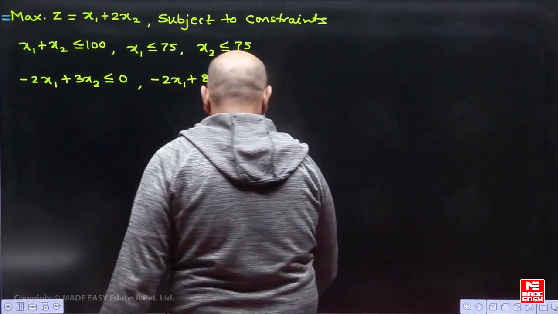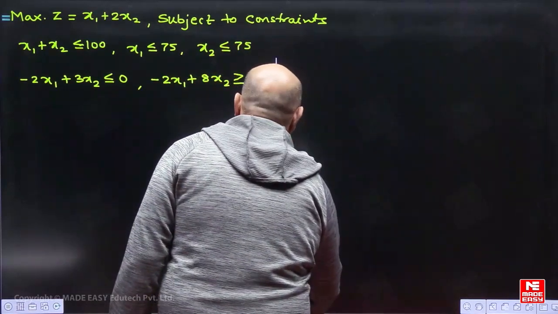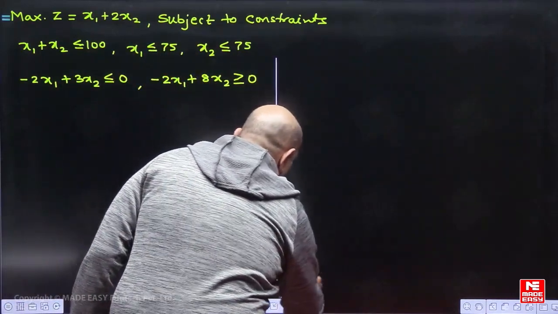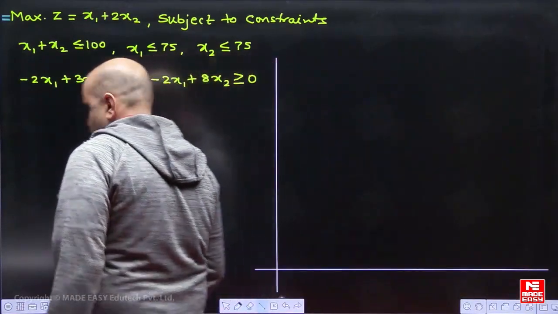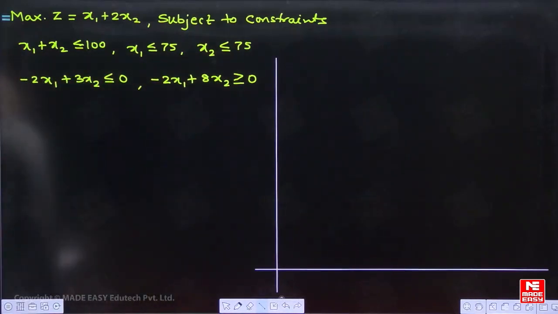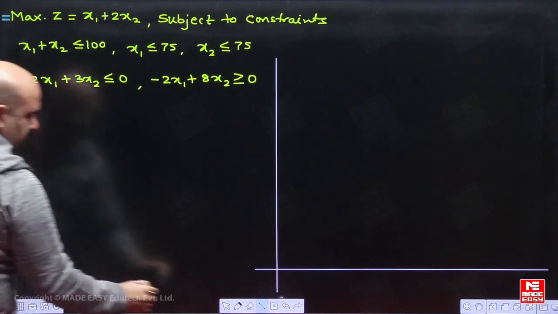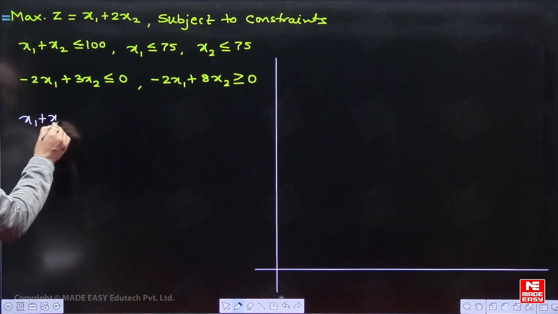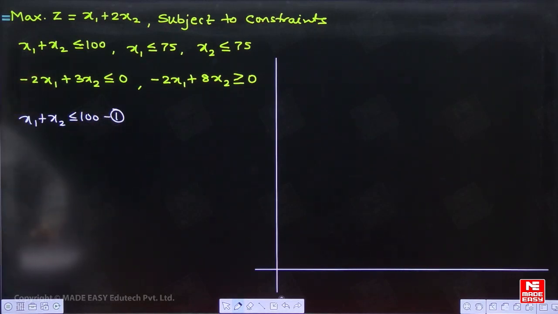just to get up more space. So see the first constraint, x1 plus x2 less than equals to 100. इसको इक्वल टू में बदलेंगे.